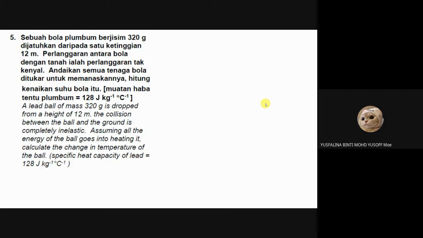Okay, so for this one, it says here a lead ball of mass 320 gram is dropped from a height of 12 meter. The collision between the ball and the ground is completely inelastic. So inelastic means after it will move a separate way or it will bind to the ground.